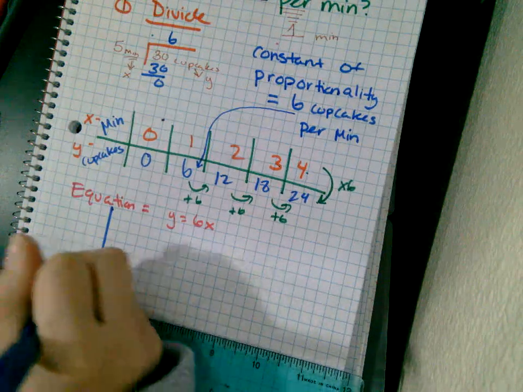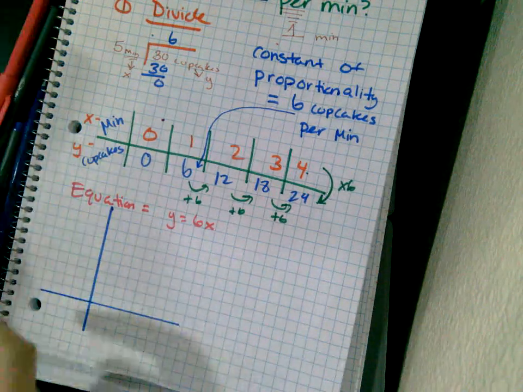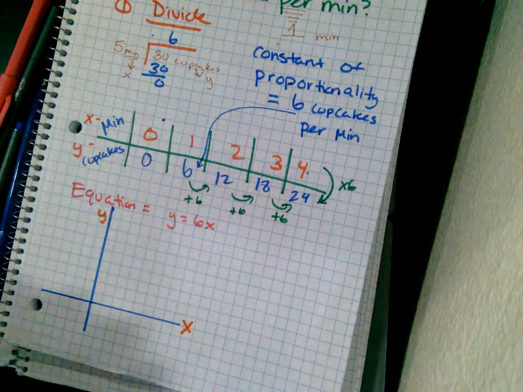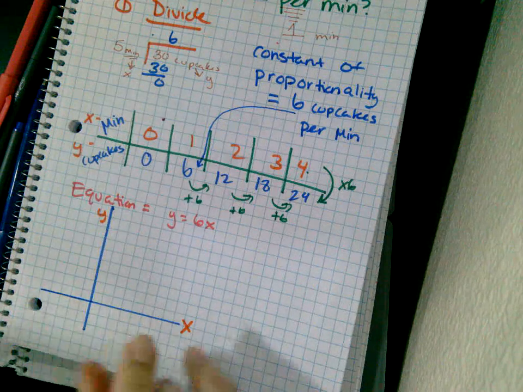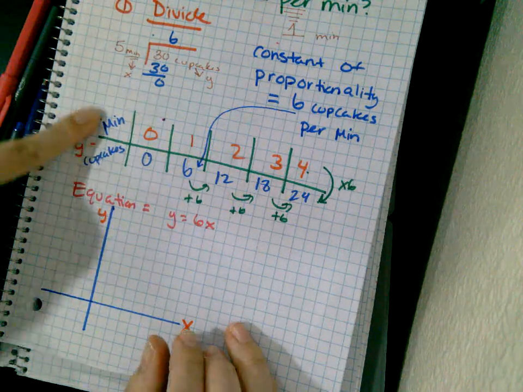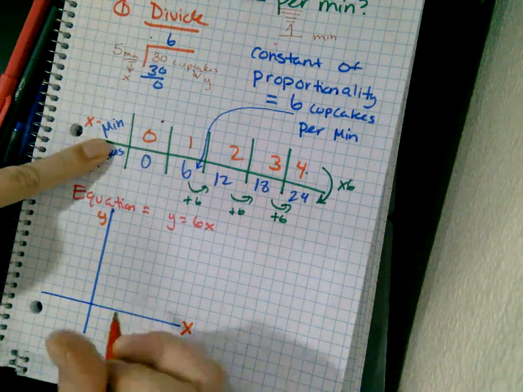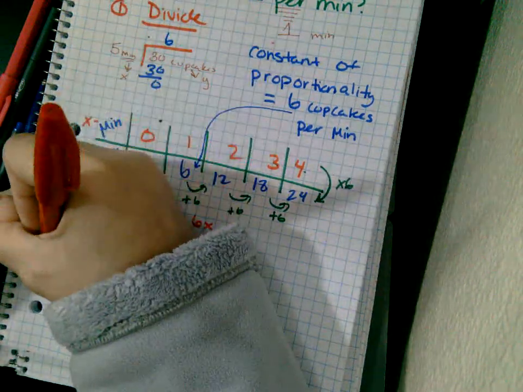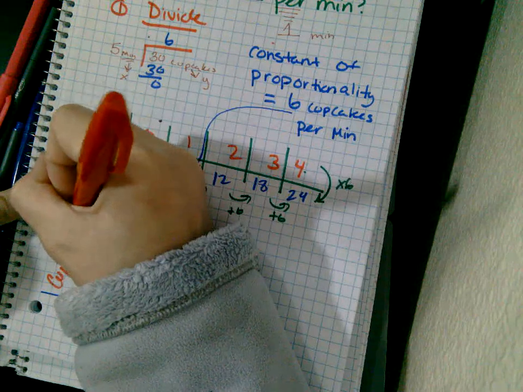This is pretty standard right now. You always label this one X and this one Y. You can put it whichever corner you want. If I look at my table, I know my X is minutes and my Y is cupcakes.